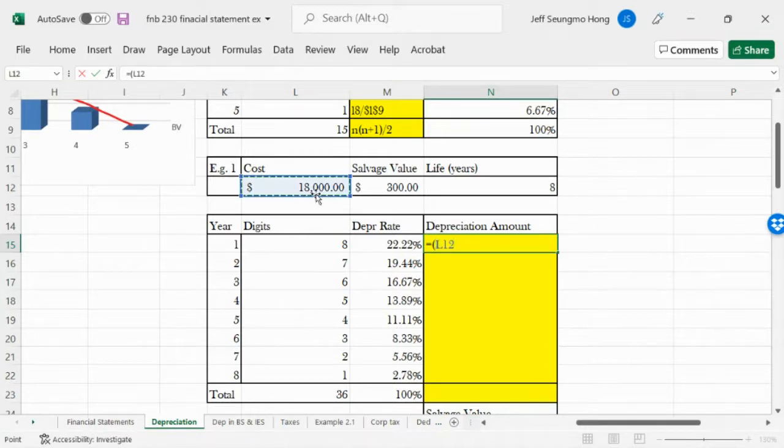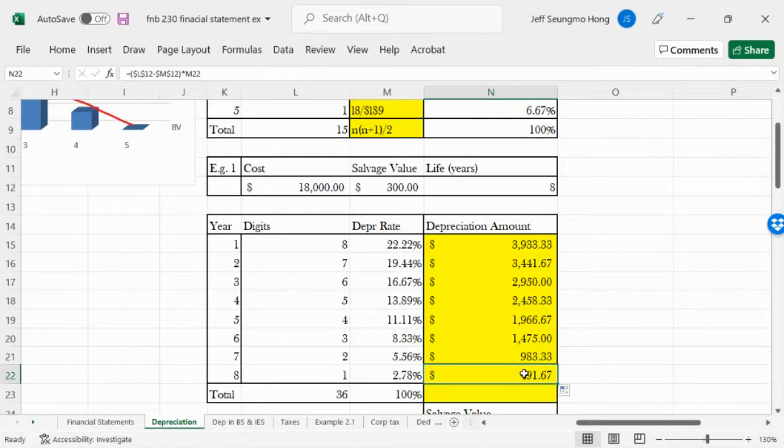Depreciation base is the cost minus salvage value, and I will need to lock this, lock this, times the depreciation rate, and then drag it down.